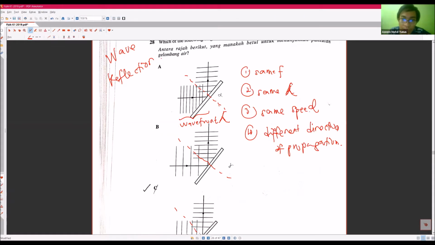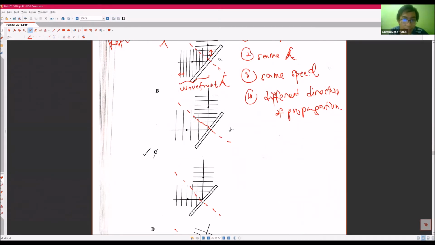So we cannot be sure about the frequency, but we can assume it must be the same frequency. So let's check for the same wavelength by comparing the wavefronts. This is the wavefront. The wavelength is quite small, and then this is the reflected one. It's quite big, so it's not the same. So A is wrong. If we assume it has the same frequency but a different wavelength, then that must be a different speed as well. So A is wrong.